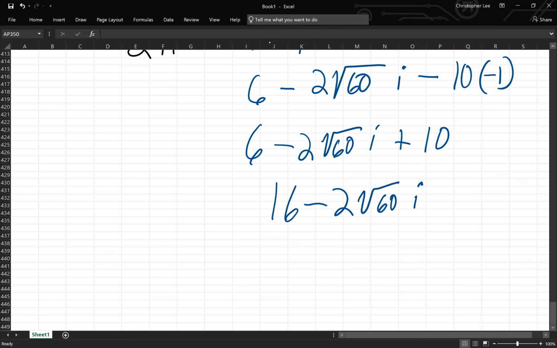A would be 16, B would be negative 2 square root 60.